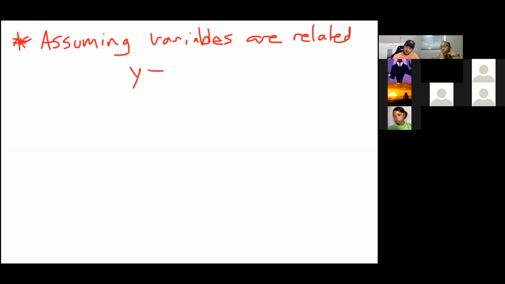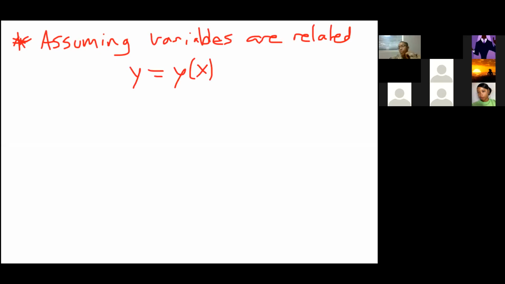So y is essentially a function of x, though we're not stating specifically what that relationship is. We just know that there is a relationship there. So when I'm actually looking at the derivative with respect to x of y squared, this is a composition of two functions.